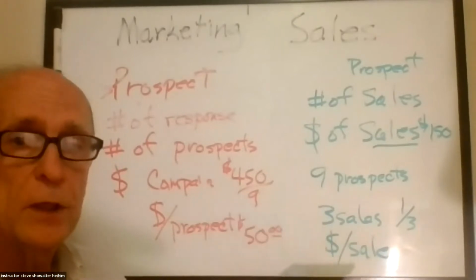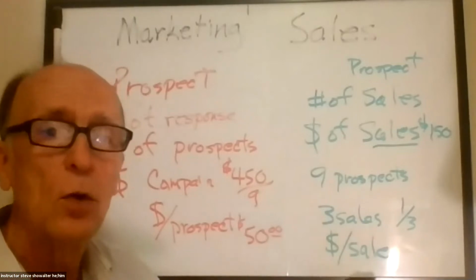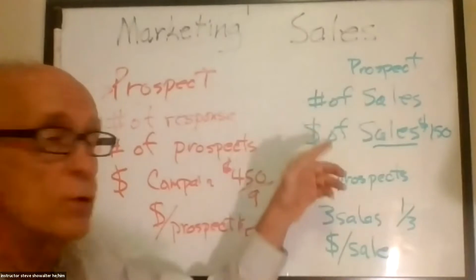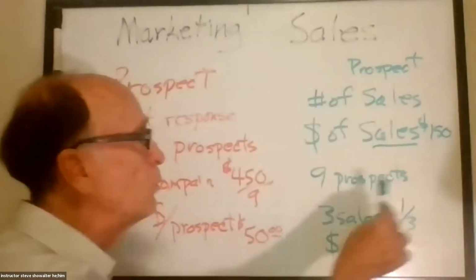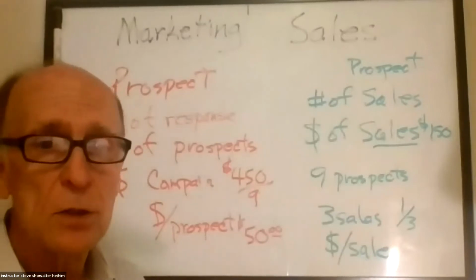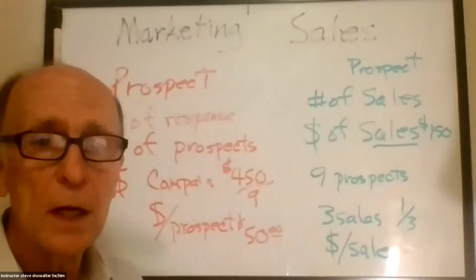And conversely, a larger profit per sale or a smaller profit per sale. So these are all metrics that you're going to want to use and record when you do your marketing campaigns and your sales campaigns to see what works and what doesn't.